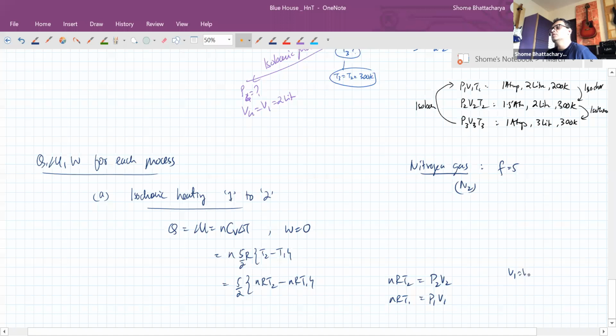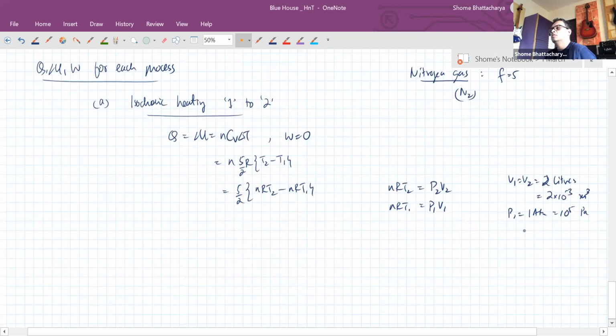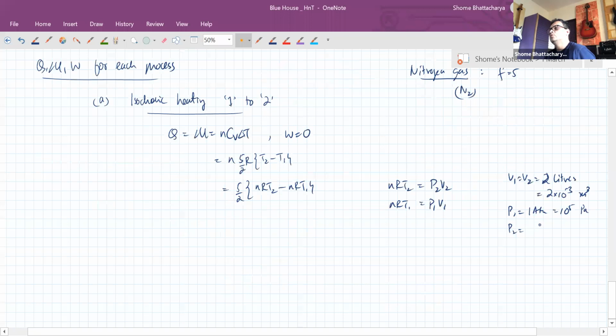Now in this V1 was equal to V2 is equal to 2 liters. So that is 2 into 10 raised power minus 3 meter cube. P1 was 1 atmosphere. So that's 10 raised power 5 pascals. Whereas P2 was 1.5 atmospheres. So 1.5 into 10 raised power 5 pascals.